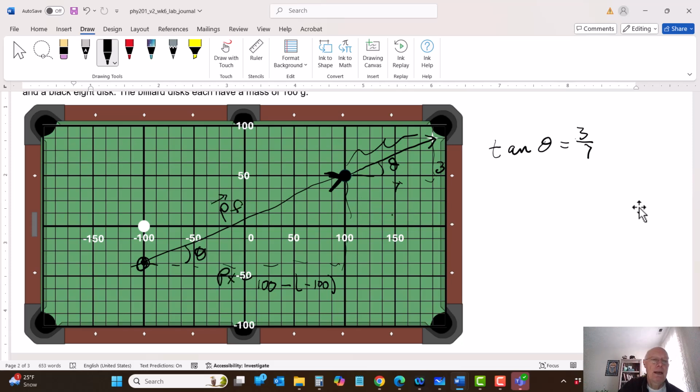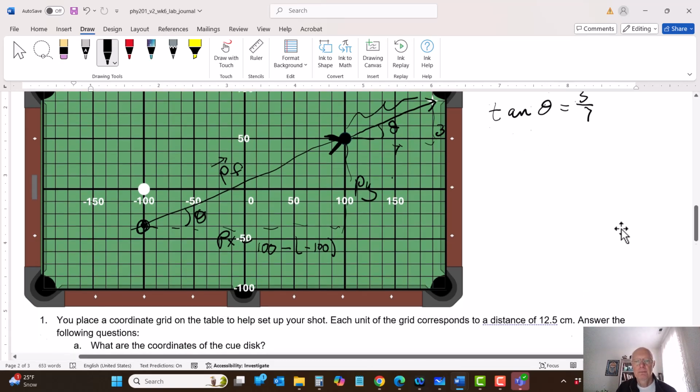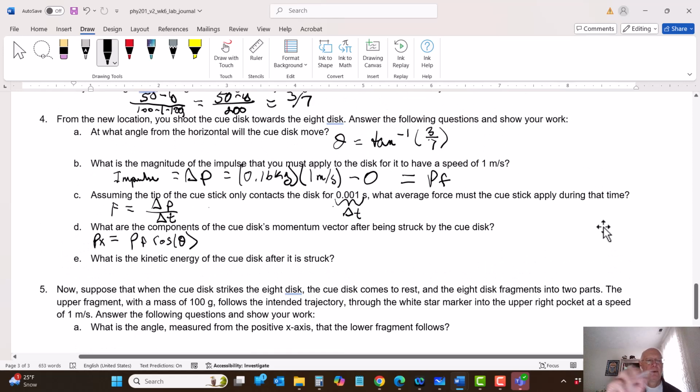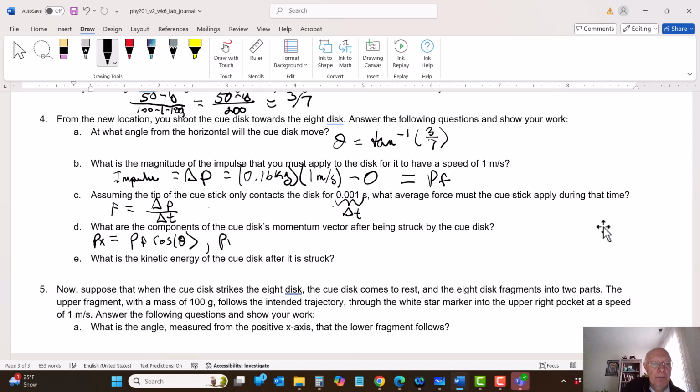So you multiply the hypotenuse by the cosine to get the x component, and you multiply the hypotenuse by the sine to get the y component. So that's the x component, and the y component is given by this. And you already know what theta is from this expression.